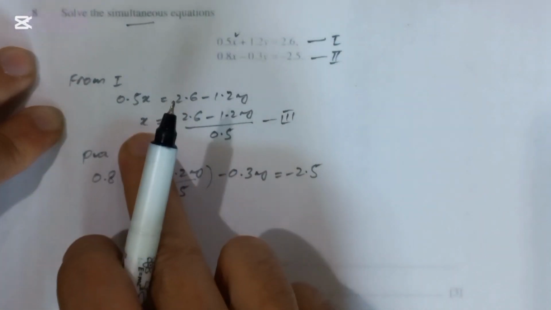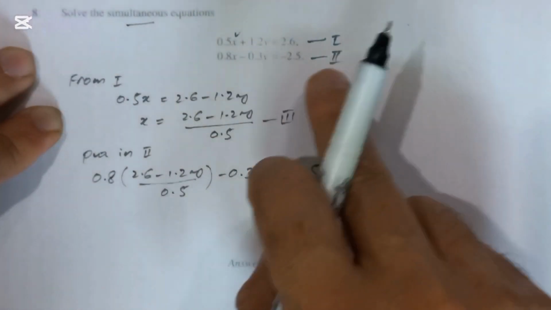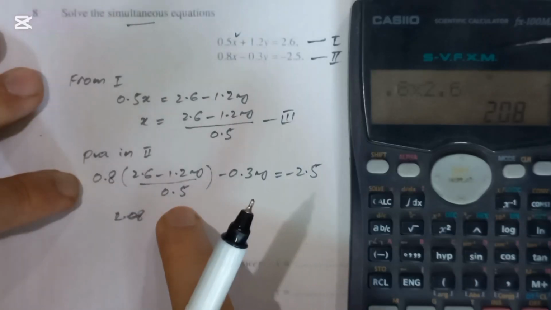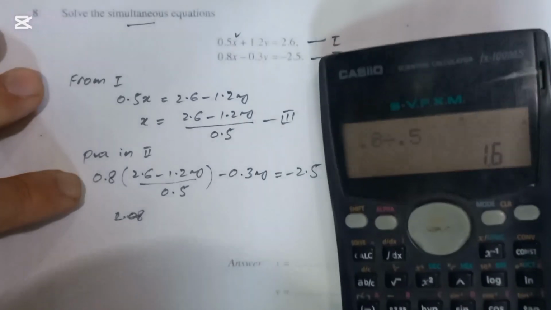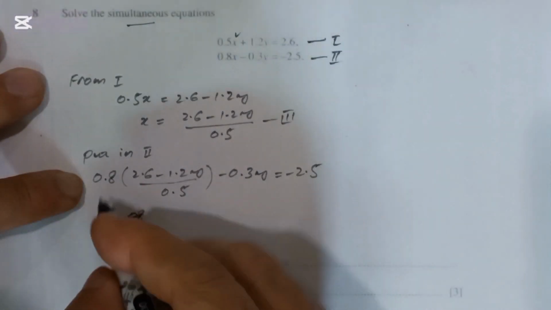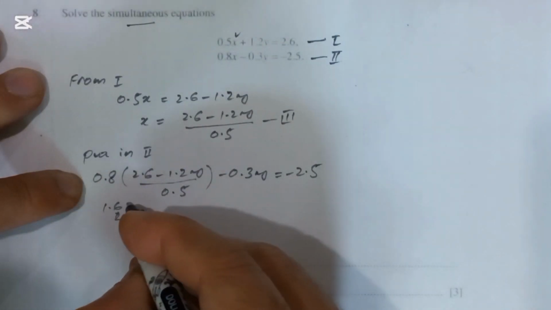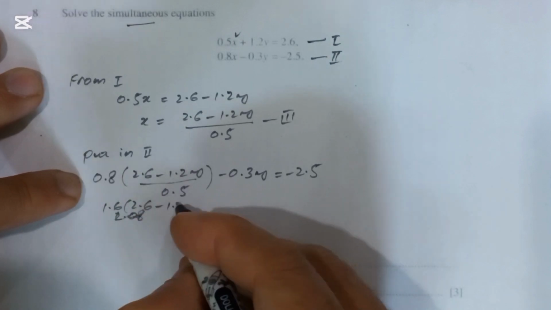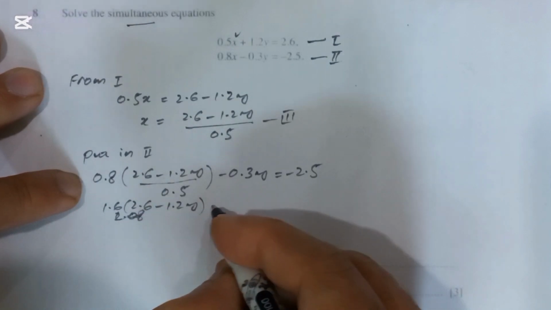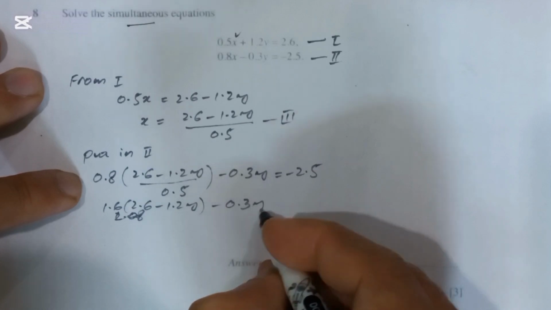We have applied the value of x from equation number 1 in equation number 2. 0.8 by 0.5, you will get an easy value. 0.8 divided by 0.5 is 1.6. So here is 1.6 now. The bracket will remain as it is. All other values will remain as it is.